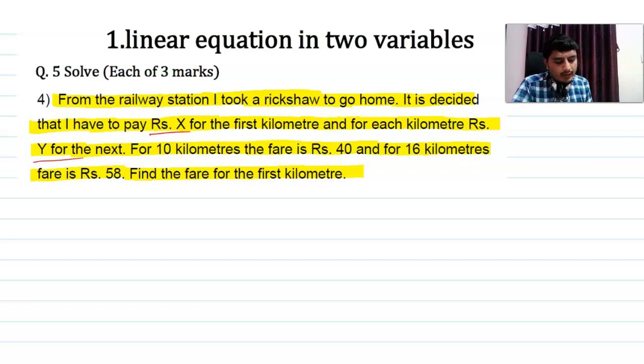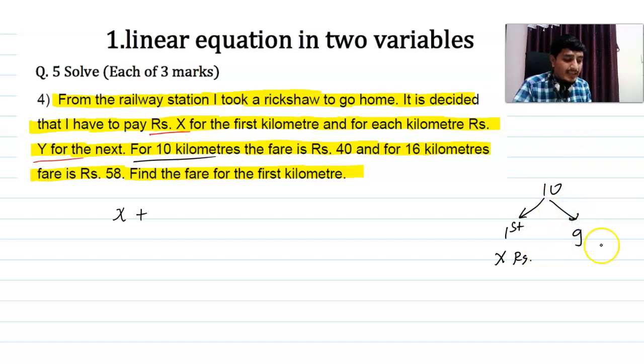Now look here, for the first kilometer we have to pay x rupees, and we are traveling 10 kilometers. So among the 10, for the first kilometer we pay x rupees, and for the remaining 9 kilometers, for each kilometer we pay rupees y.